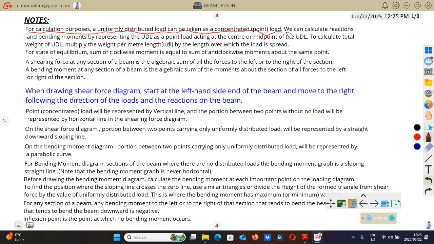As you can read here, you can calculate reactions and bending moment by representing the UDL as a point load, and that point load will be placed at the center or midpoint of the UDL.